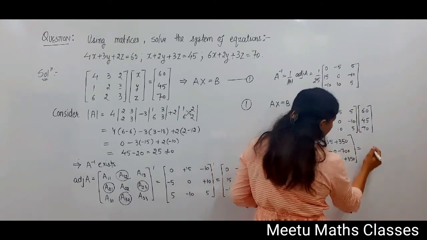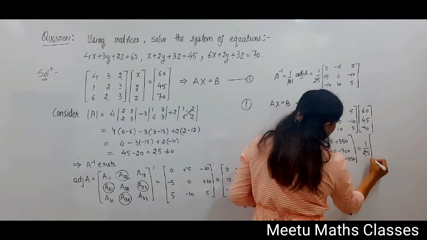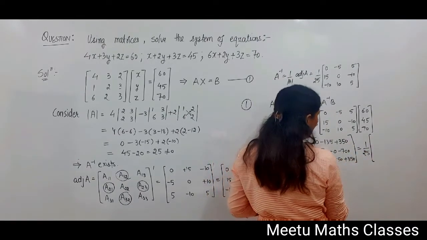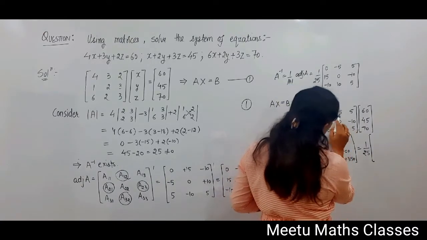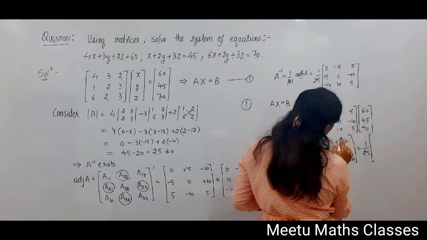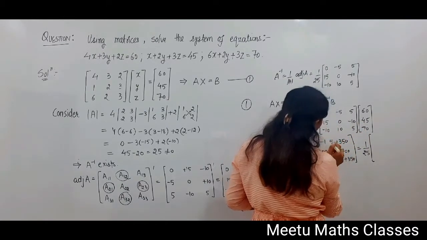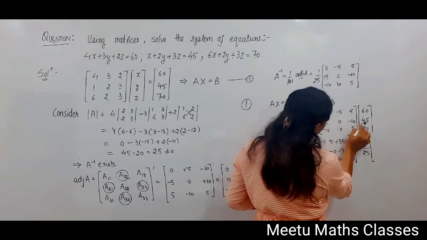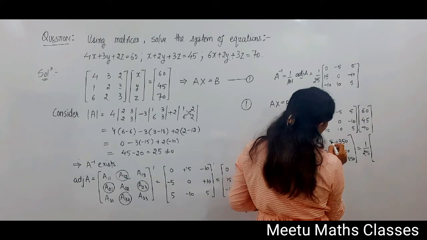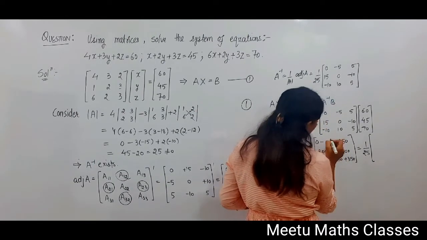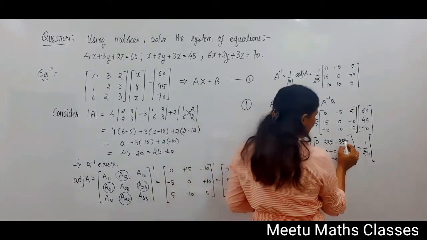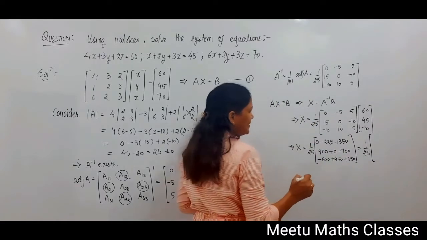1 upon 25, and this is 350 minus 135, which will become 145... and 350 minus 225 is 125.